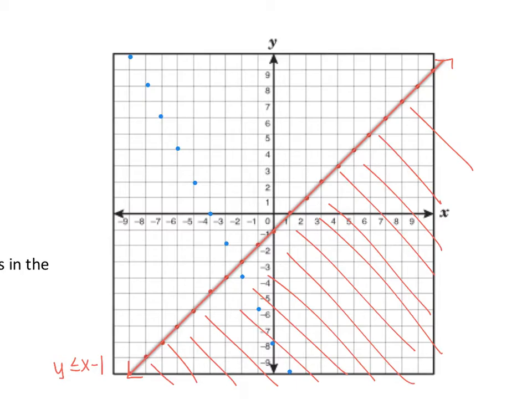Don't know if it's going to let me draw a dotted line. Okay, it's not going to let me draw a dotted line, so let me actually go back here.